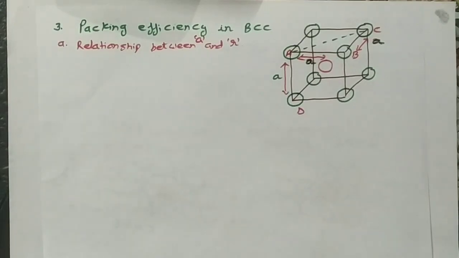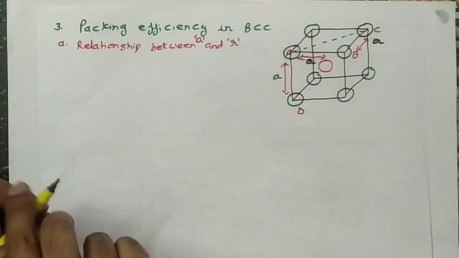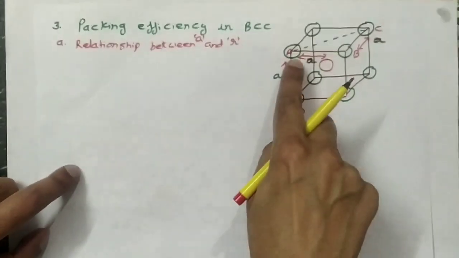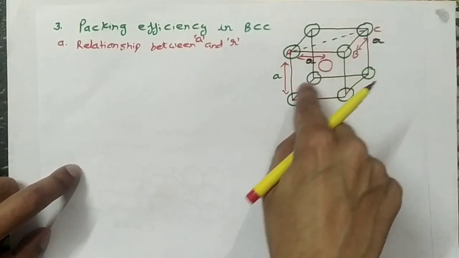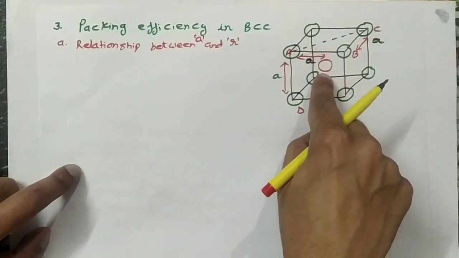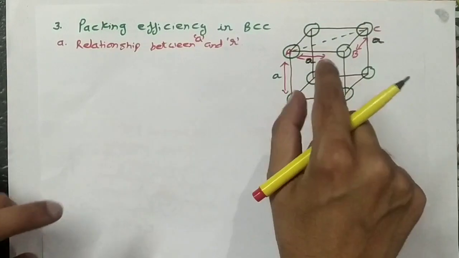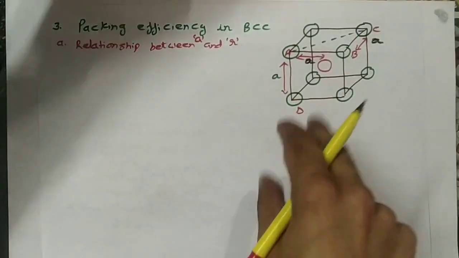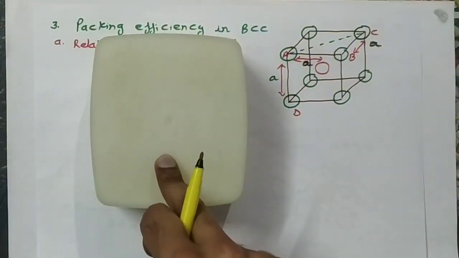Students, now we calculate packing efficiency in case of body-centered cubic unit cell. In body-centered cubic unit cell, constituent particles occupy corners of the cube and the body center. Body center is that point where body diagonal of the cube intersect. Consider this as a cube.